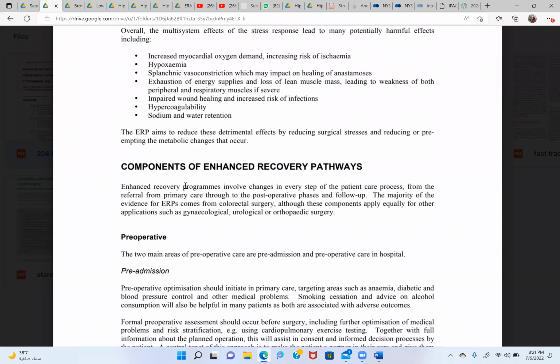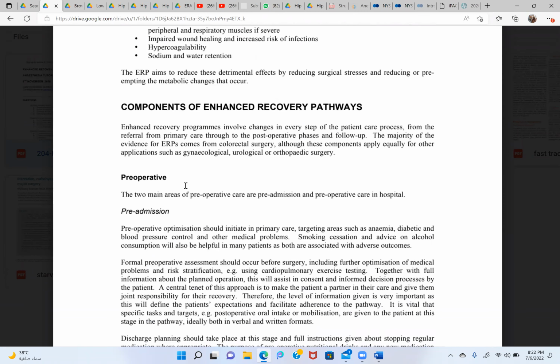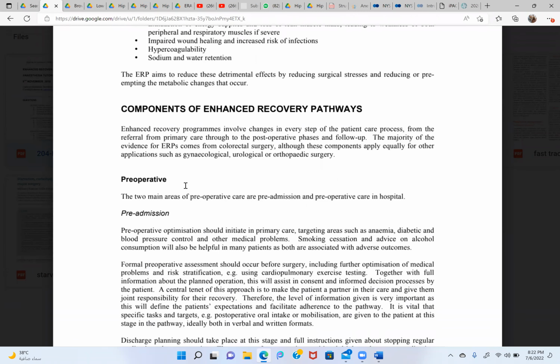But the problem is that the patient will not be able to ambulate, and there will be problems with the postoperative course, with reference to physiotherapy. So they need something to speed up the process, and manage the patient in a way that reduces this stress pathway.